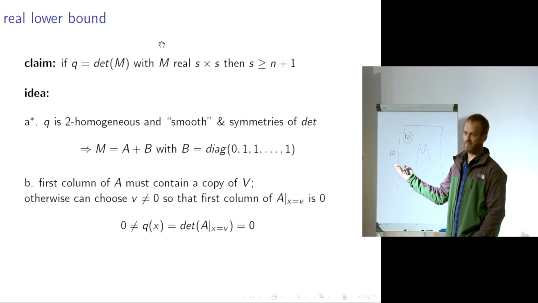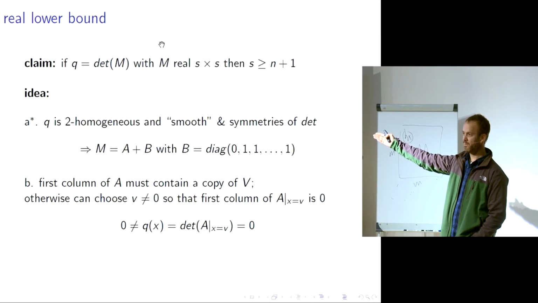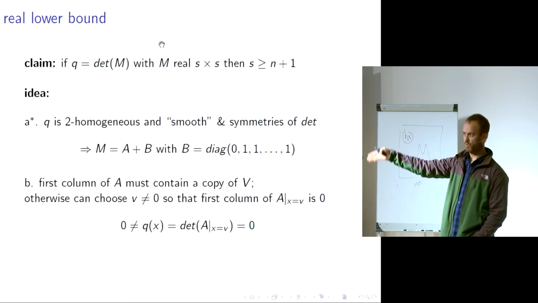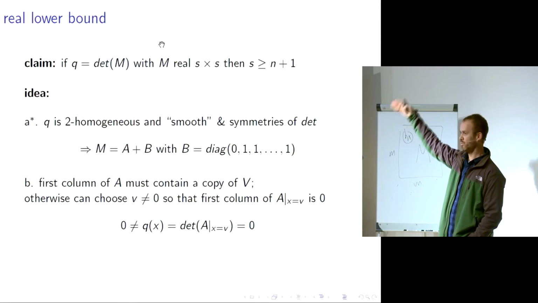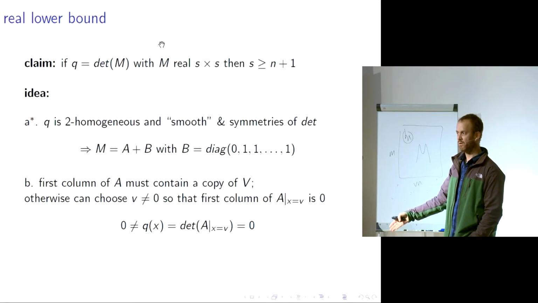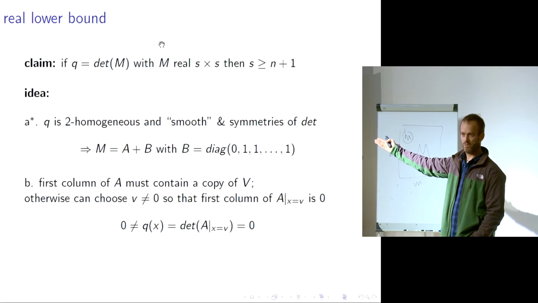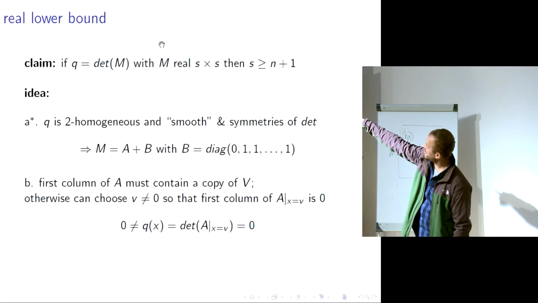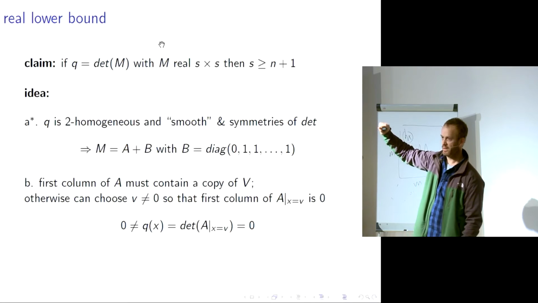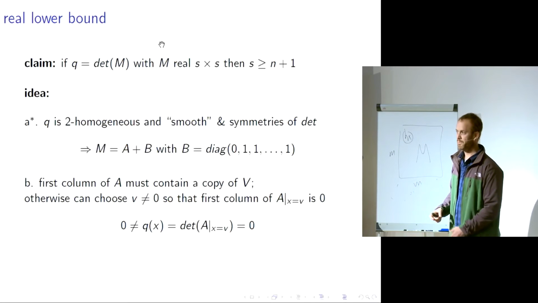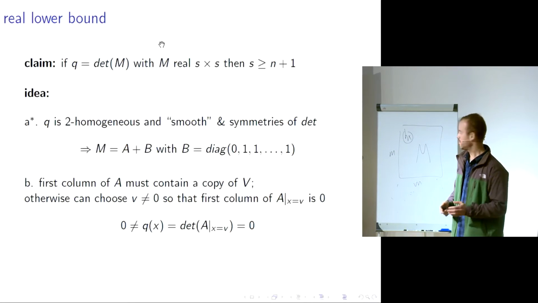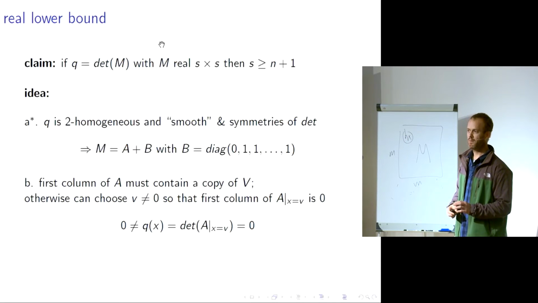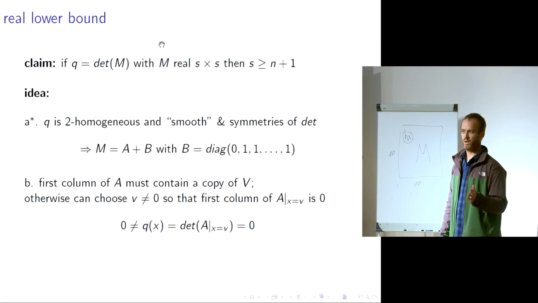Over the real numbers this cannot be, because Q is the norm. Then Q of x on one side is not 0, because it's Q at some non-zero point. On the other side, we made a whole column of the determinant 0, which makes the determinant 0. So over the real numbers this gives n, but because the diagonal has a 0 entry, this gives a plus 1. Who understands where the plus 1 came from?